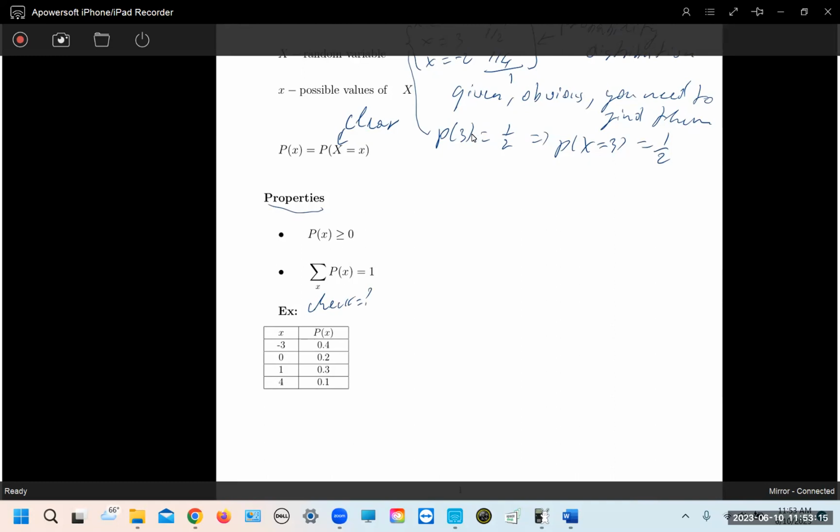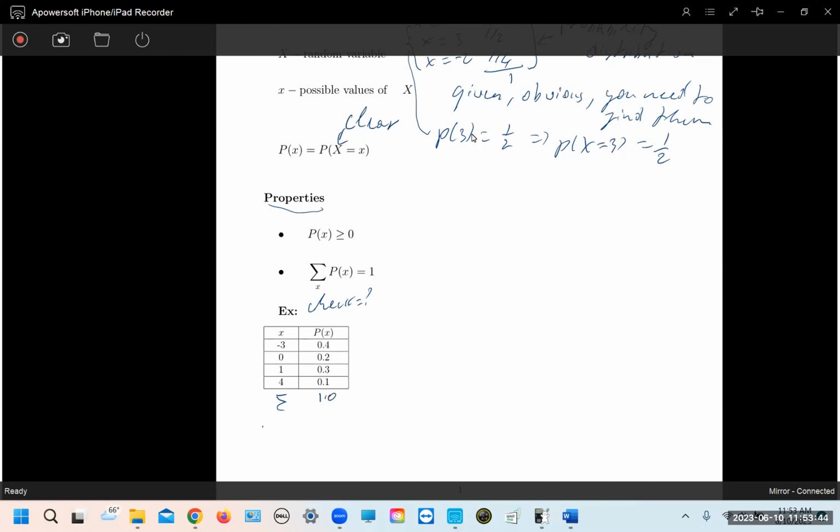So we can add all this up. That is the sum. So on this side, the sum of this should be 1.